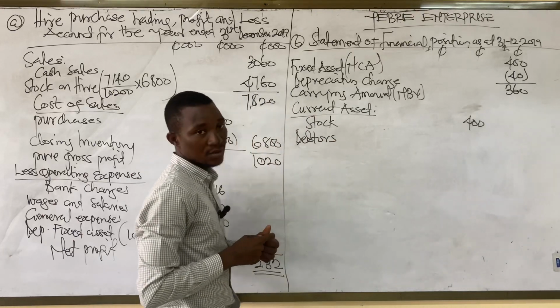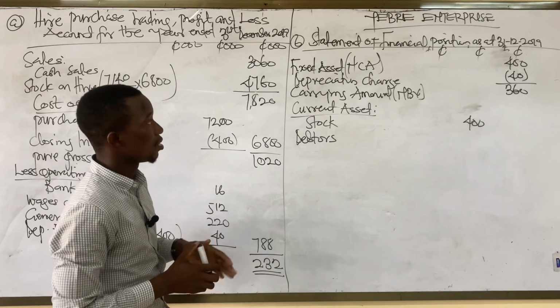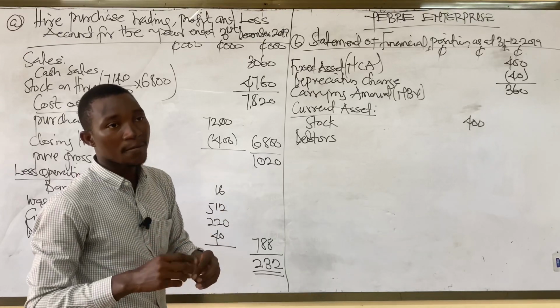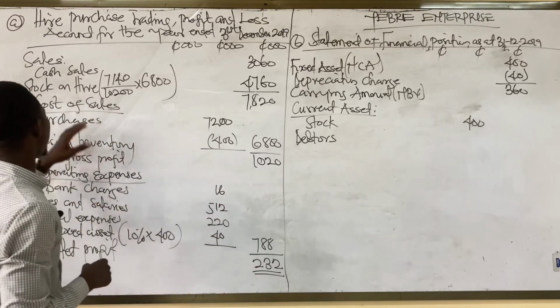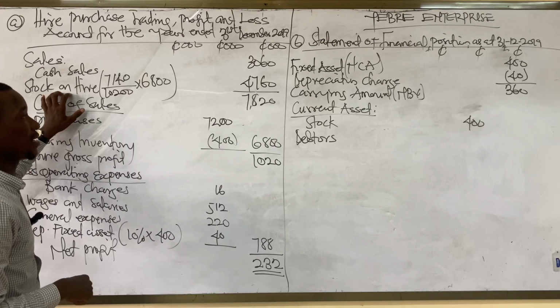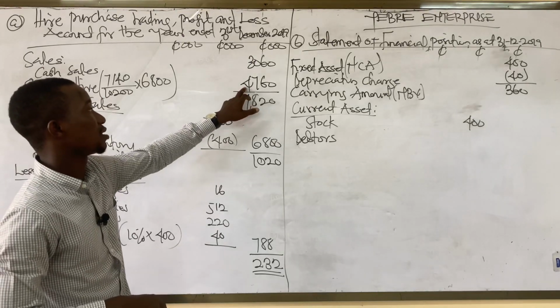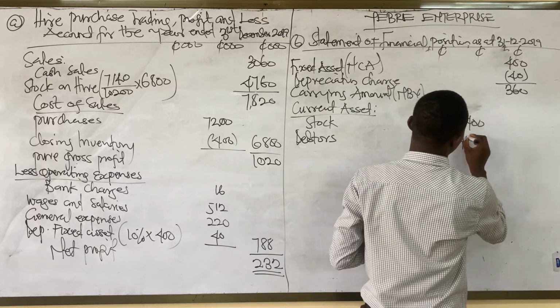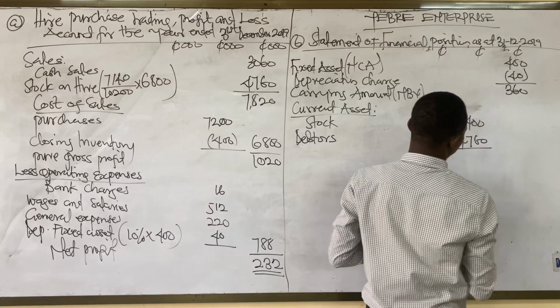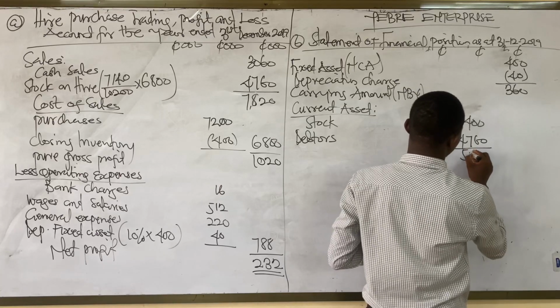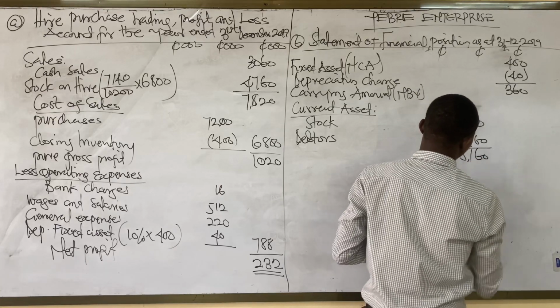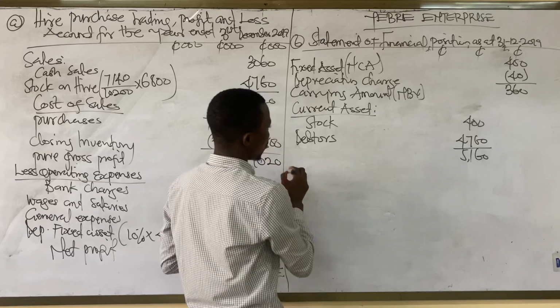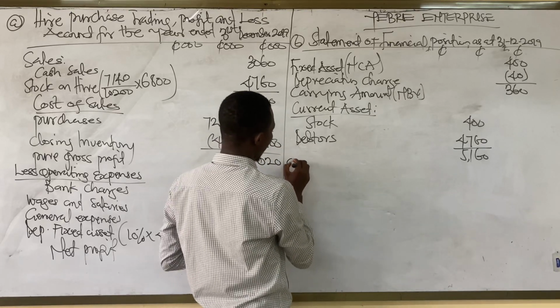Remember, the debtors amount is not given directly from the question, but remember we are using the stock on hire method, and we've determined how much of the stock is still with our debtors. That is 4,760. So we add these two and we arrive at 5,160.